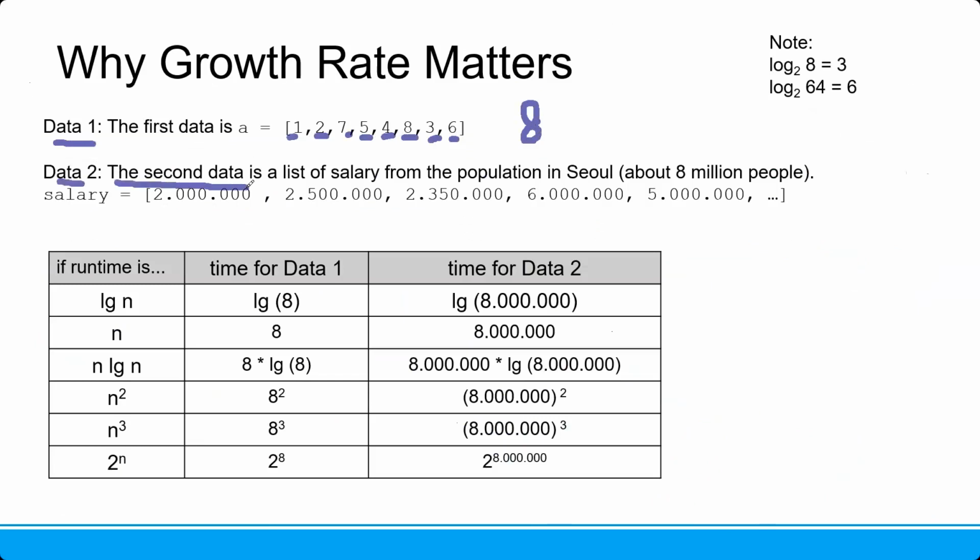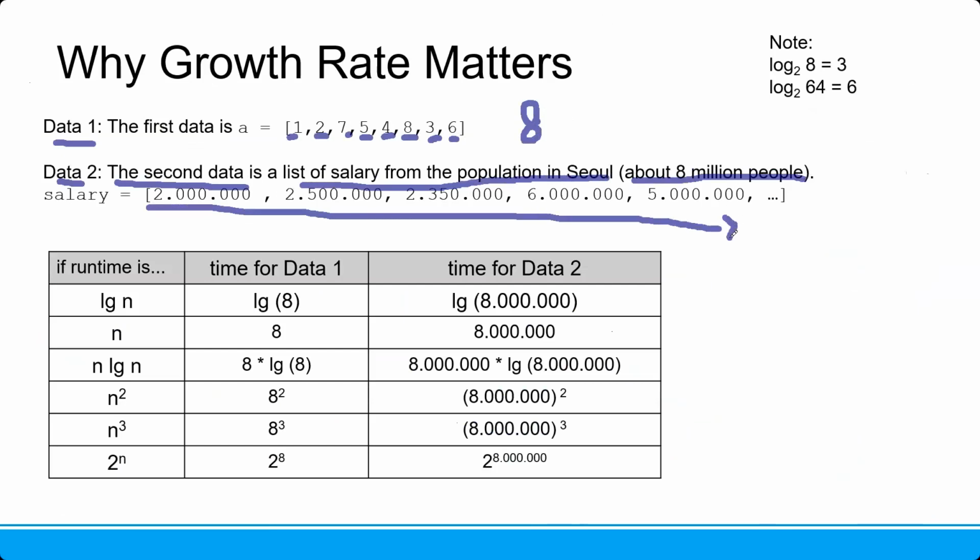The second data set is the list of salaries from the population in Seoul. Let's say in Seoul there are 8 million people, so we have this data for 8 million people.